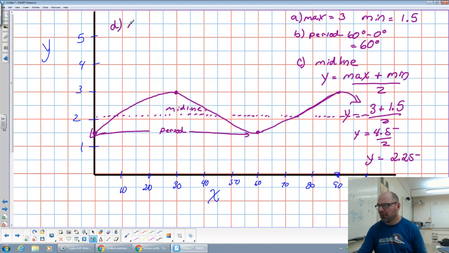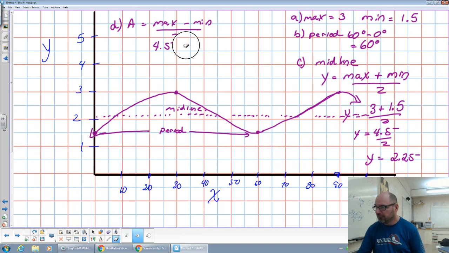And if we did amplitude, that's max minus the min divided by 2. So 4.5 minus 4.5? Why did I get 4.5? I was looking at the wrong thing. Sorry, guys.